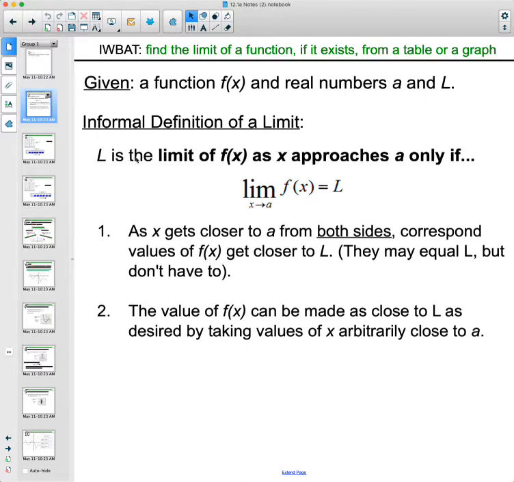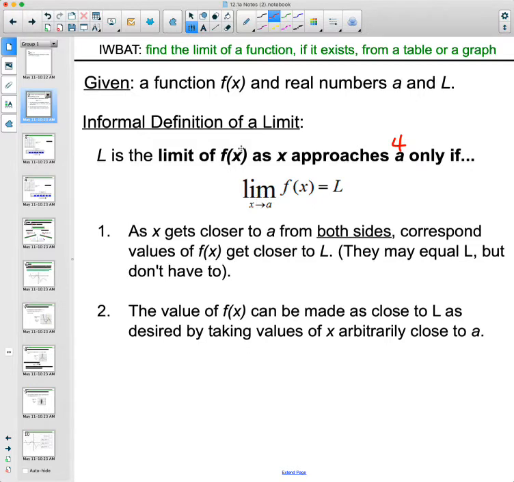So L is said to be the limit as long as the function approaches L as we are approaching a. So as we plug in numbers that are getting closer and closer to a. Just to give you some context, because I know that feels confusing, let's say a was 4.